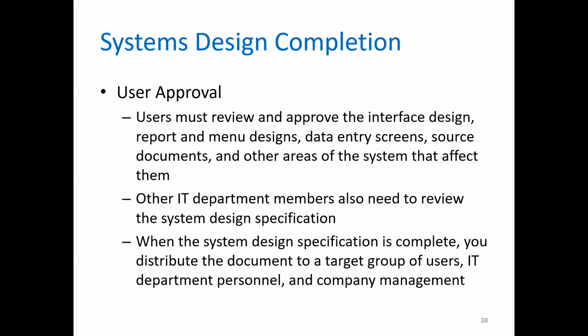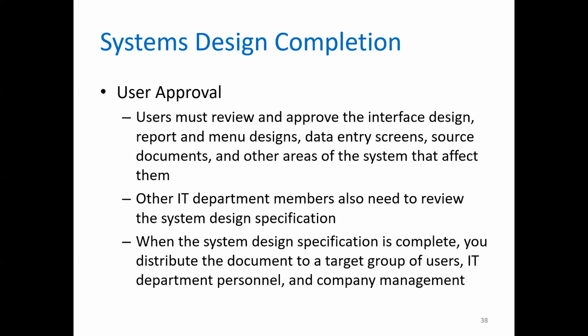User approval. Users must review and approve the interface report and menu designs, data entry screens, and source documents and other areas of the system that affect them. Other IT department members also need to review the system design specification.